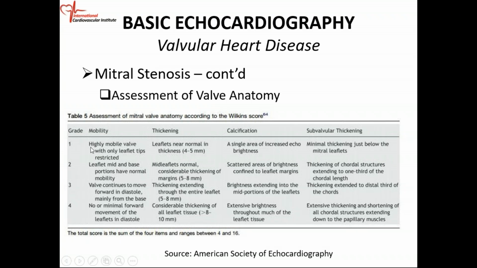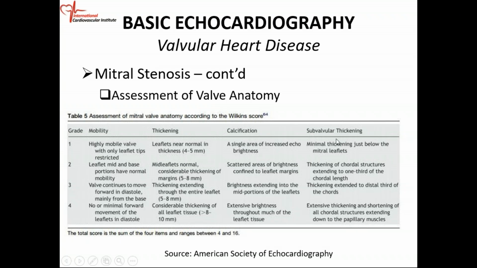So when you look at the valve, if the valve is highly mobile, it's not very thick, not much calcification, and minimal subvalvular thickening, then for each of these points they get a score of 1. So a score of 4 is very good, because that patient can have valve repair. You can repair the valve, so if the valve is mobile, not thickened, with minimal calcification and minimal subvalvular thickening. That's a good valve for repair.